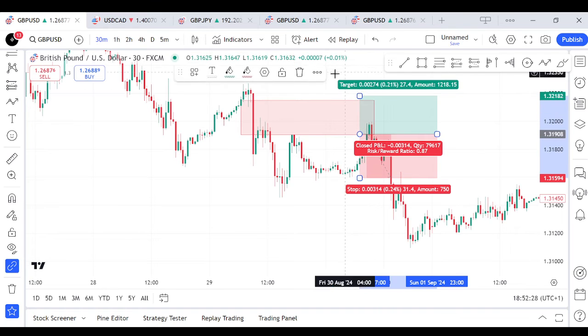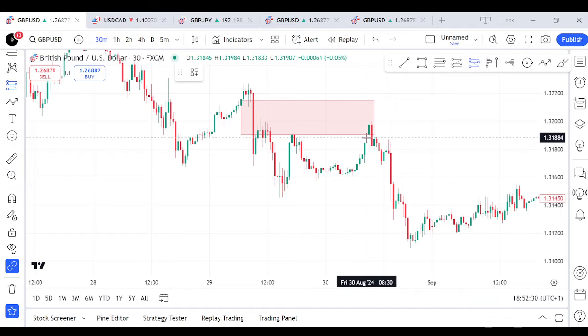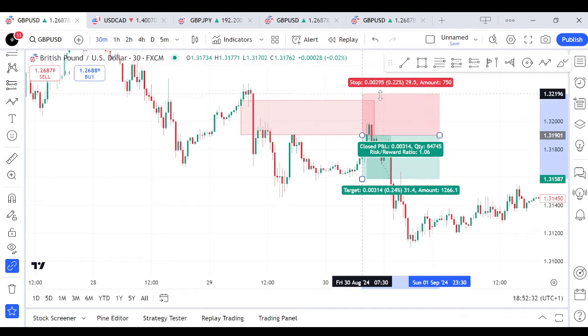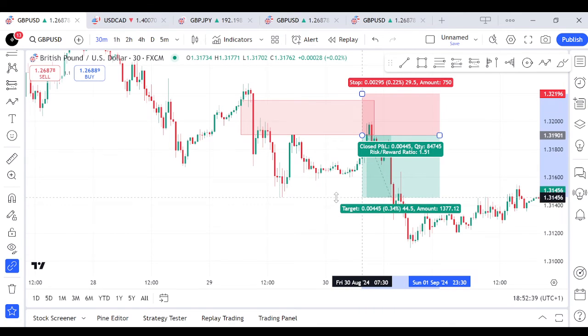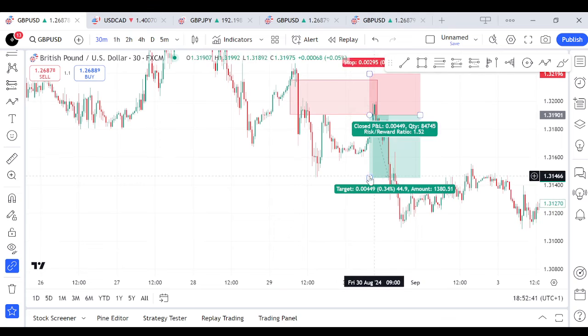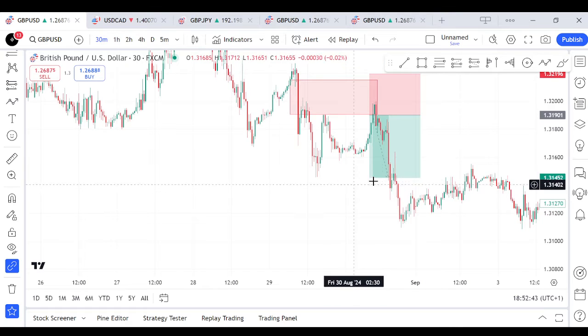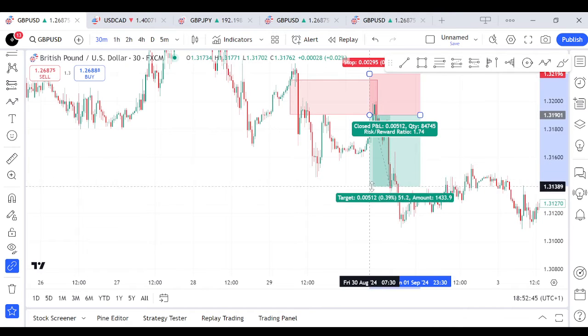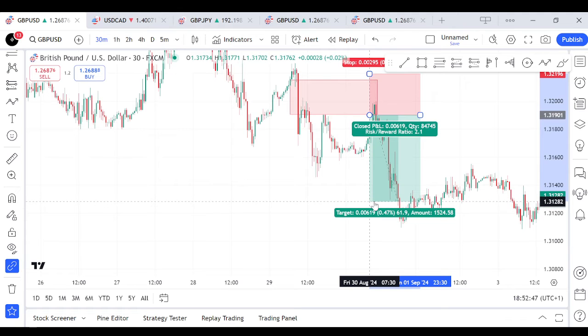Your stop loss should be at a higher level of the gap, and your take profit could be at this support level, or 1:1, 1:2. I would say 1:2 is perfect. So this is a 1:2 right here.